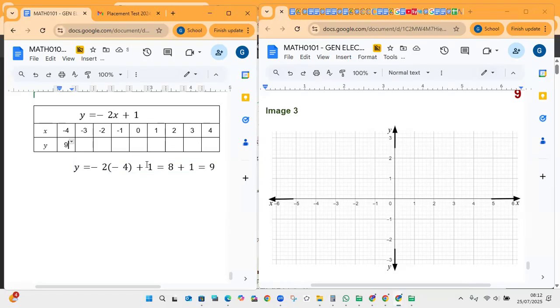And we have to do that now for each one of them. So when we input negative 3, negative 2 times negative 3 is positive 6. 6 plus 1 is equal to 7. Out comes 7. So as you can see, by that table of ordered pairs, the y value seems to be decreasing by 2. So most likely, when we input negative 2, we're supposed to get 5.